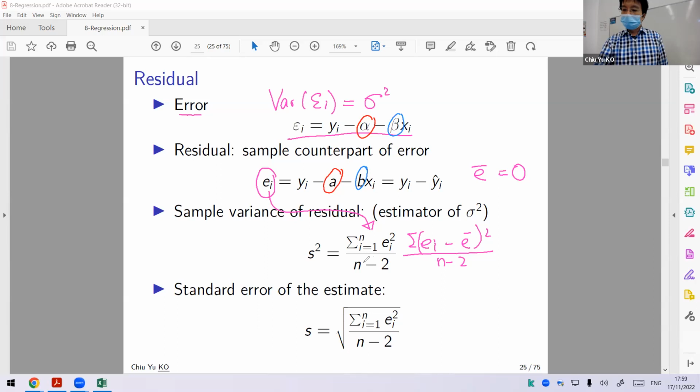And the reason for n minus 2, I'm not going to prove it, but the idea is very simple: you estimate 2 parameters, alpha and beta. As I said, if you try to estimate variance, the number of things you estimate, you have to subtract from the denominator. Here, you estimate 2 things, alpha and beta, so you minus 2.